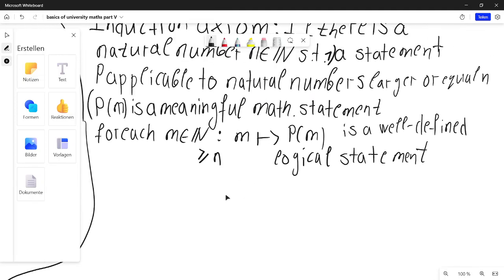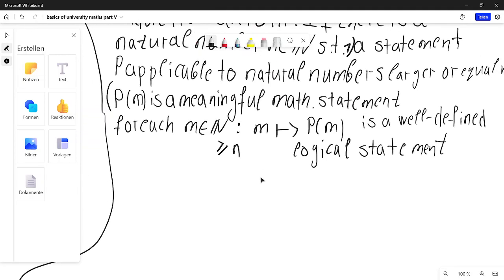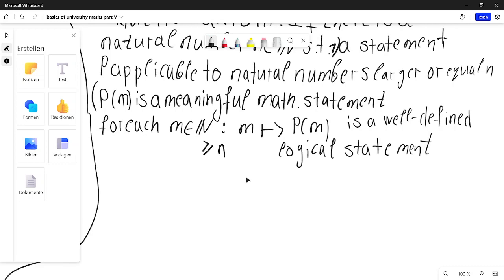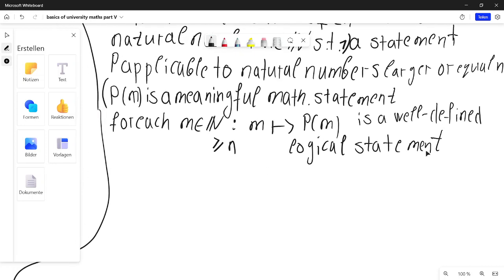An important thing about it is, you could just think, well, P is just a function that assigns to any natural number some meaningful mathematical statement. But it's not what I mean.